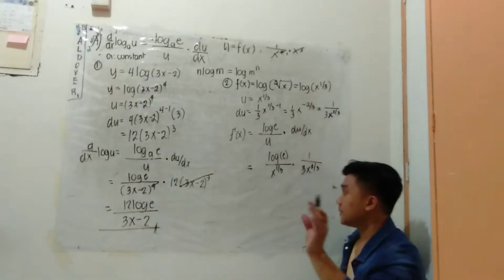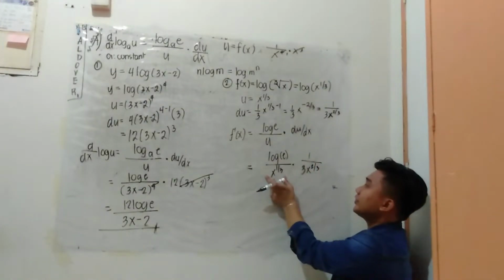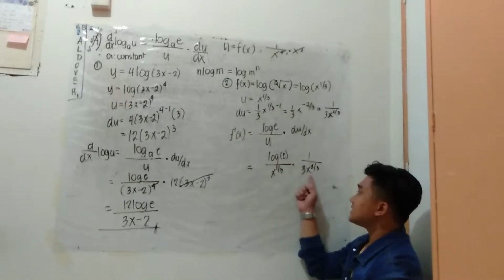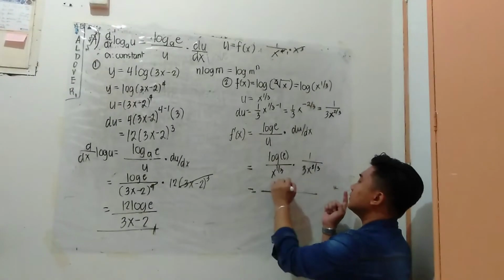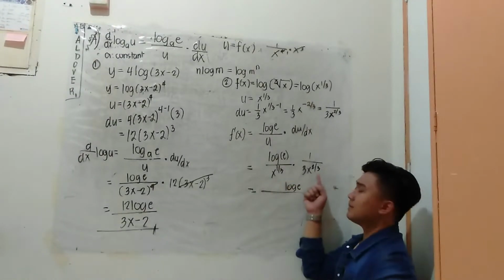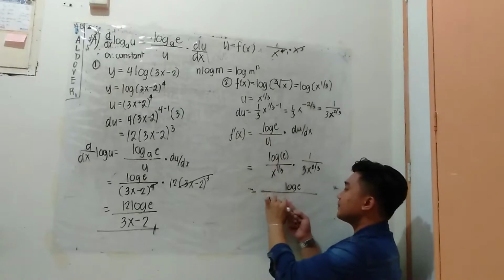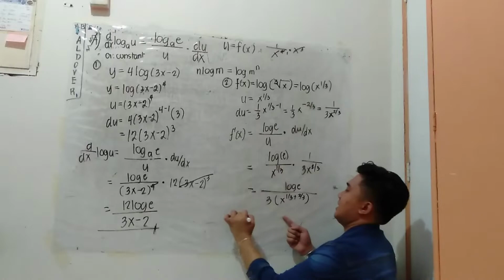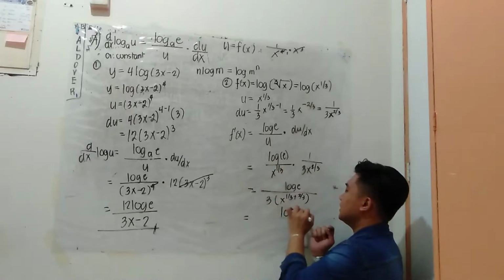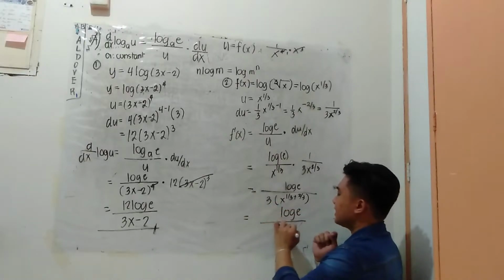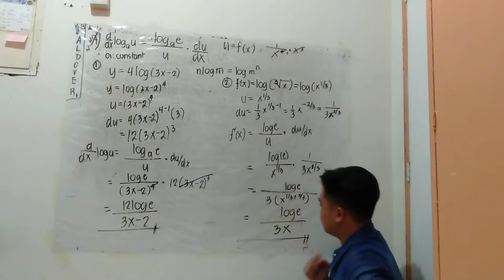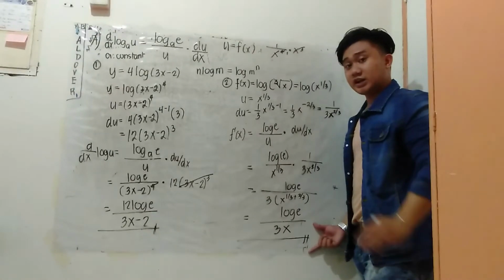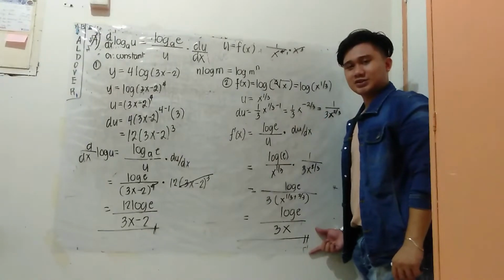So as you can see, meron akong x raised to 1/3 times x raised to 2/3. So same base, ang gagawin ko, copy the base, add the exponent. So 3x raised to 1/3 plus 2/3. And the answer is log e all over 3x. Okay? So, that is how you're going to differentiate logarithmic functions.